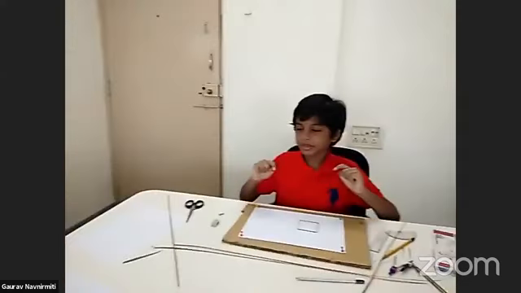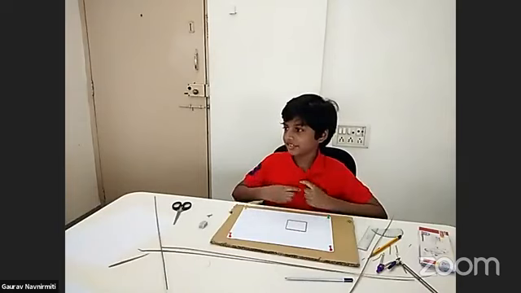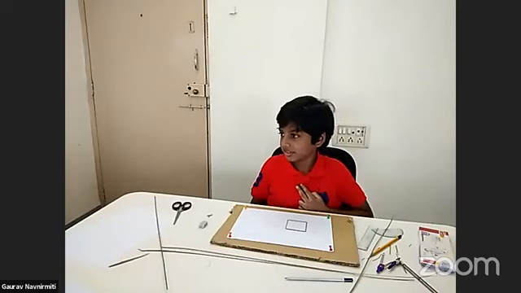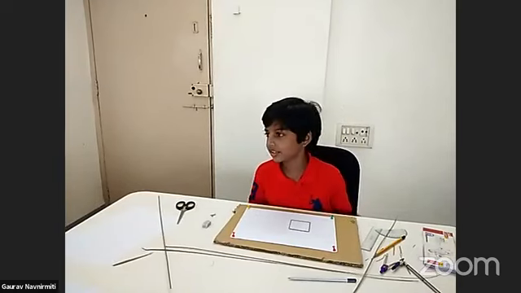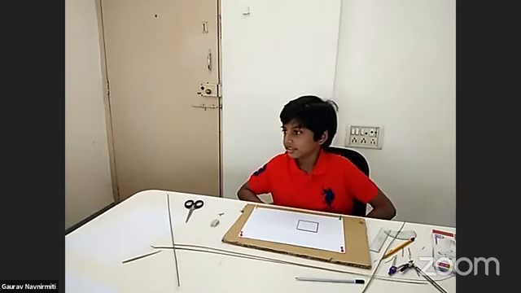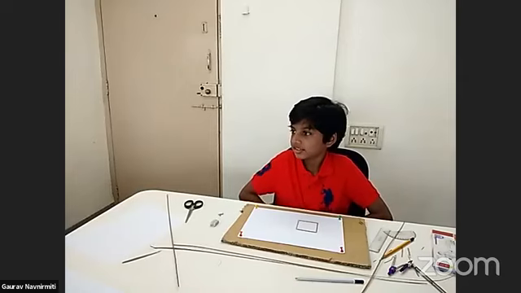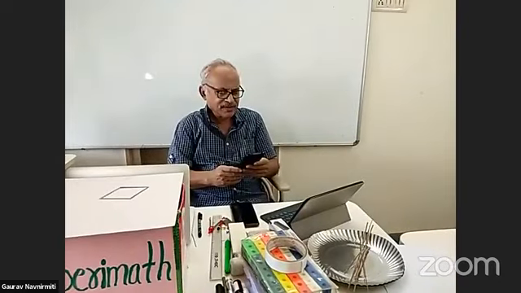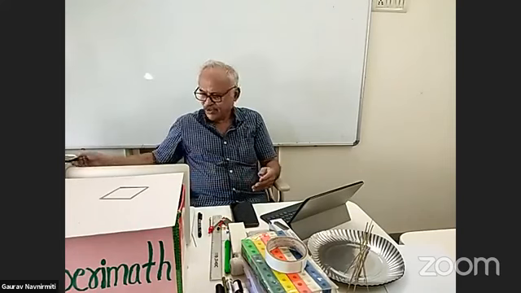On the basis of sides, it is the same, but on the basis of angles, it is different. Yeah, a square is a particular kind of rhombus, right?